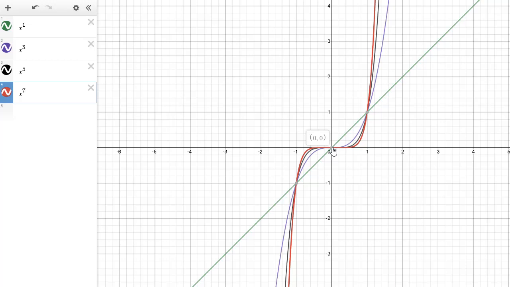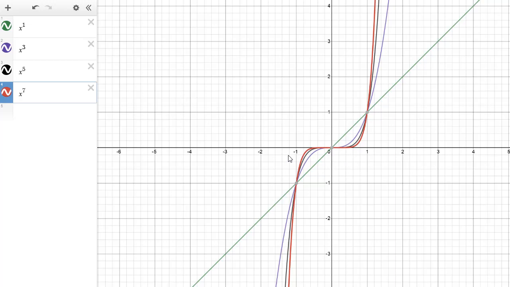They have rotational symmetry around the origin of 180 degrees. You could also think, if you wanted to, that if I had a mirror on the y-axis, flipped it once, and then put another mirror on the x-axis, flipped it again, I'd have that symmetry. So you can even think of the symmetry of an odd function as either rotating around the origin, or it flips twice, once in the y and once in the x.